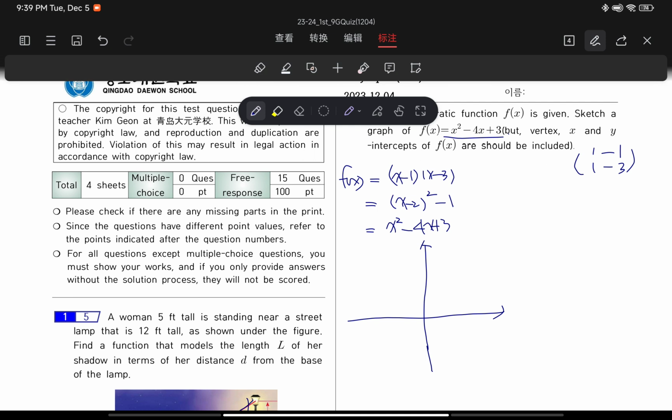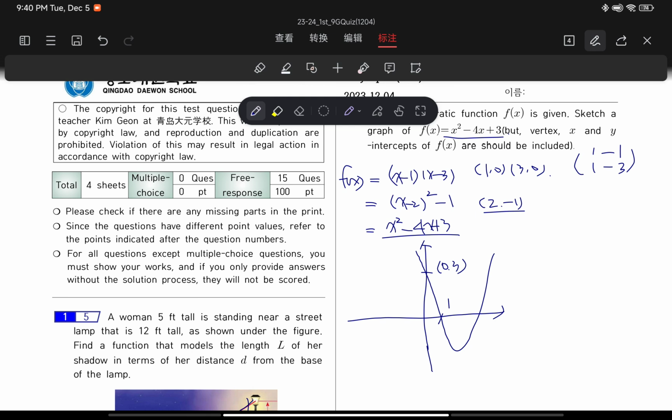So first, we already know that this function passes through 0, 3, so this function has a y-intercept equal to 3, and here's 2 comma minus 1, its vertex, and 1, 0 and 3, 0 are the x-intercepts, or the roots. It looks like this.